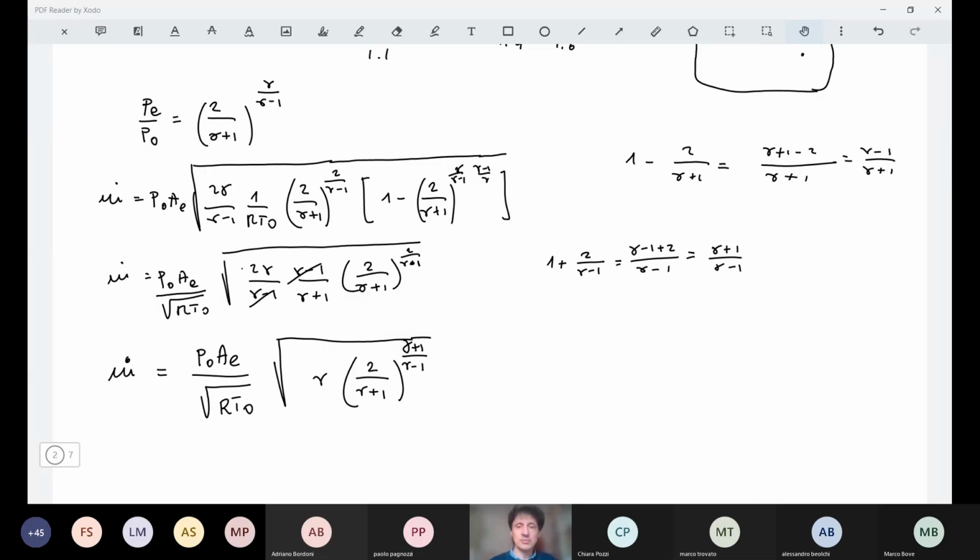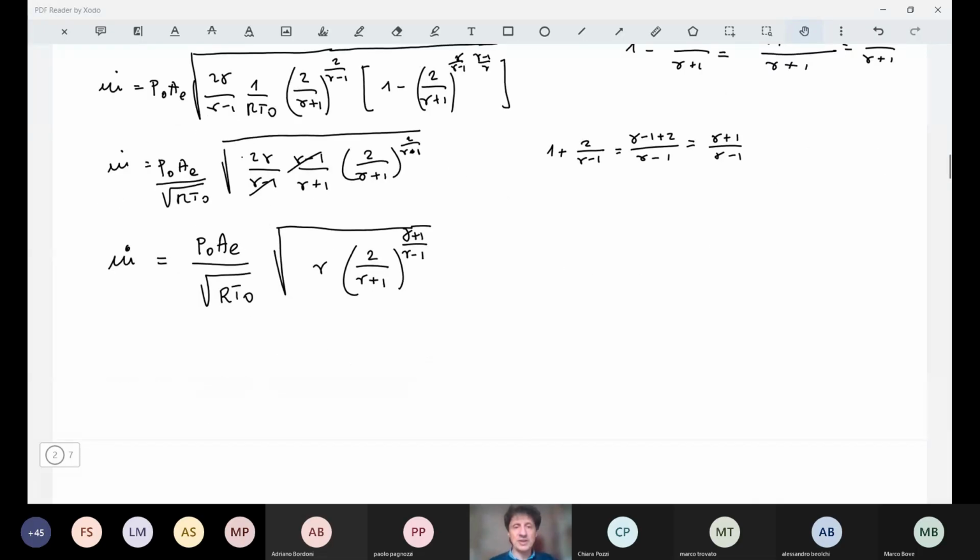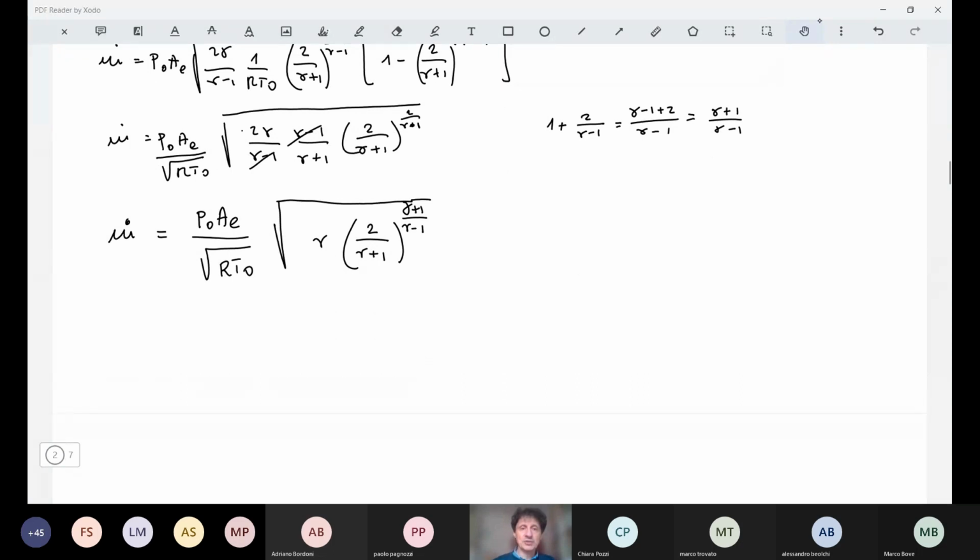In practice, we will find often this function of gamma, which for the application of our interest changes only by a small amount for the variation of gamma that we have to consider. So it's more or less constant.